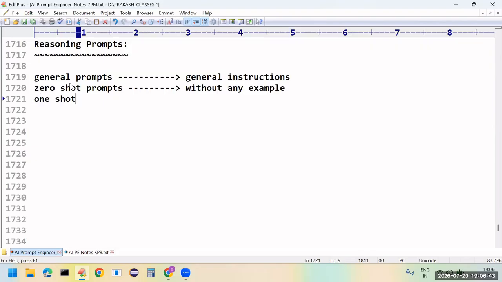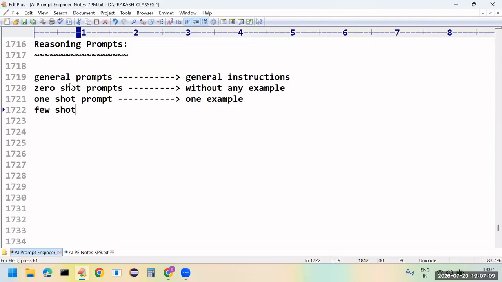After that, we have seen one shot prompts also. In one shot prompt, we provide one example to the AI model, and based on that example, it identifies the pattern and style and answers my question. Like that, we give one example and we fetch the data.